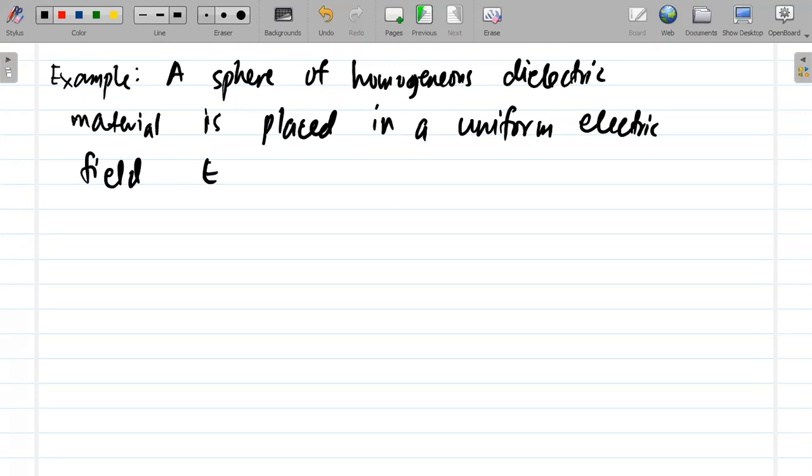Let's say E naught, E naught z hat. Ayan. The question is, find the field inside the sphere.